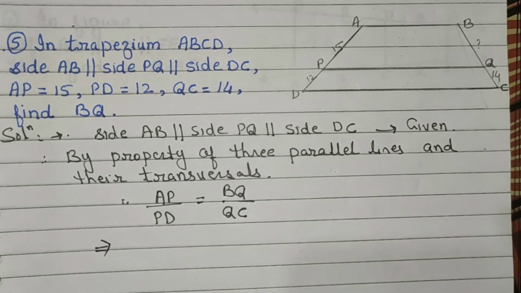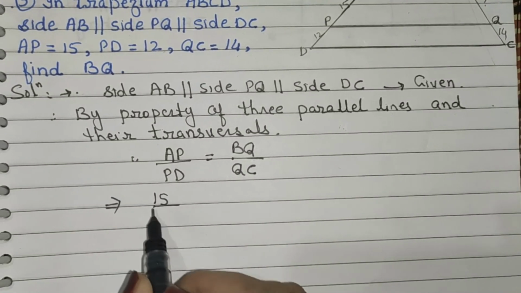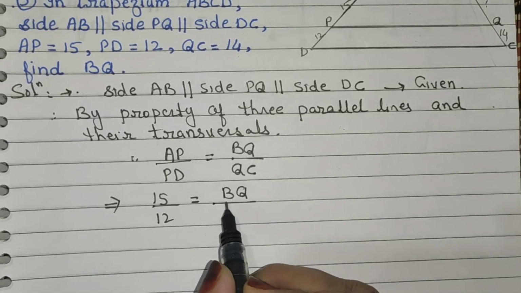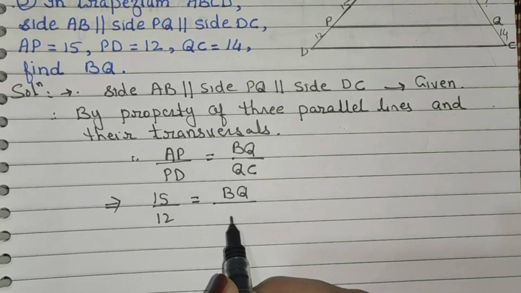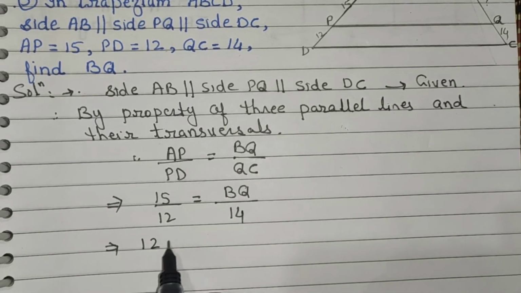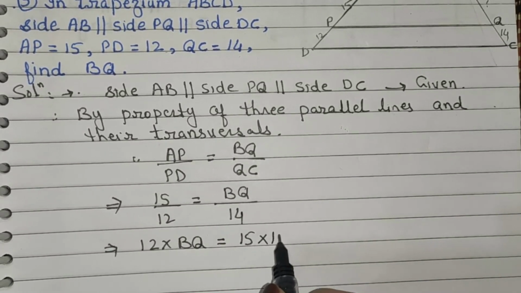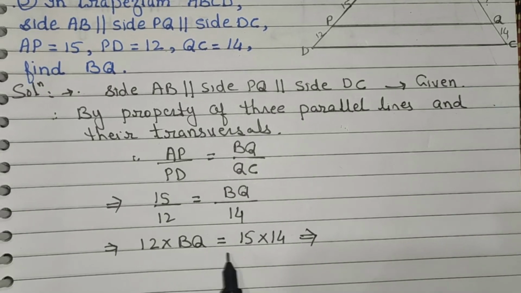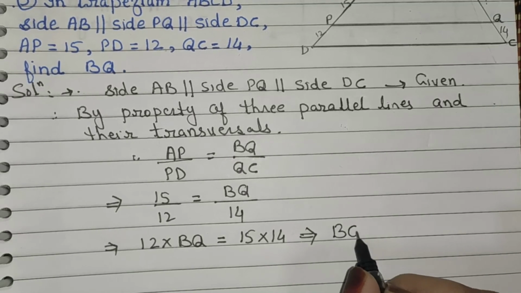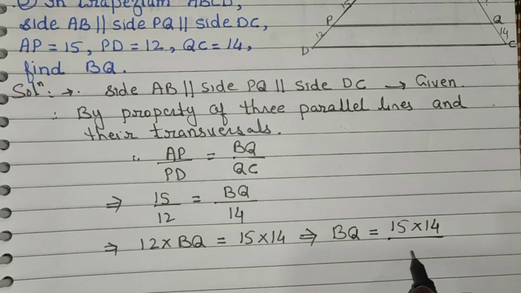Now substituting all the values, we get 15 upon 12 is equal to BQ upon 14, as our aim is to find the value of BQ. Now cross multiply here, we get 12 into BQ is equal to 15 into 14. Dividing by 12 we get BQ is equal to 15 into 14 upon 12.